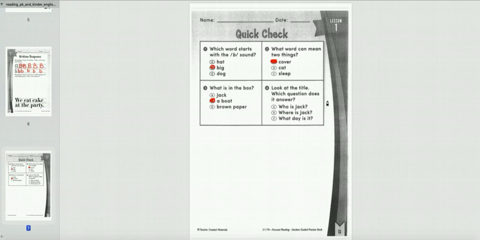Does Jack's birthday tell us who is Jack? No. Does the title tell us where is Jack? No. Does it tell us what day is it? Yes, it's Jack's birthday. Good job.